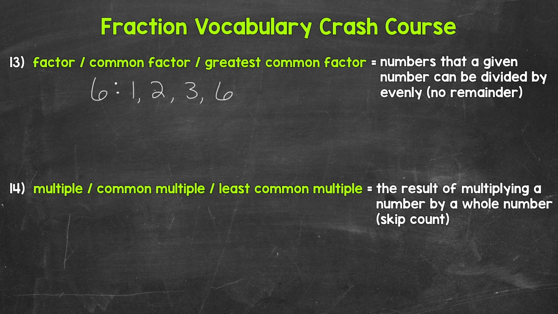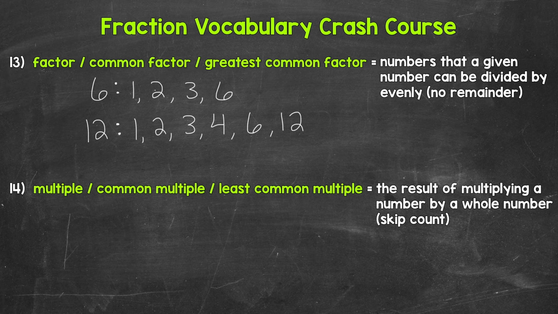Now let's take a look at the factors of 12. The factors of 12 are 1, 2, 3, 4, 6, and 12. So looking at the factors of 6 and 12, let's move over to common factors now, which are just factors that numbers share.